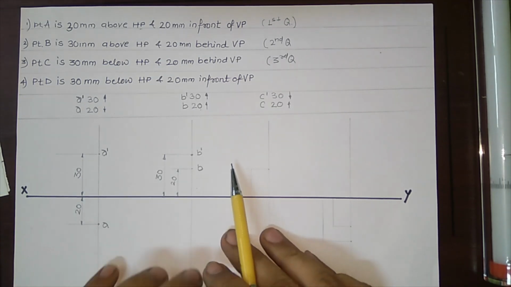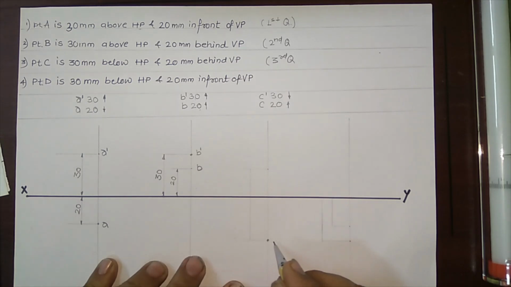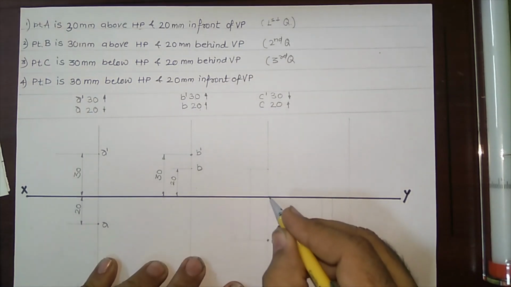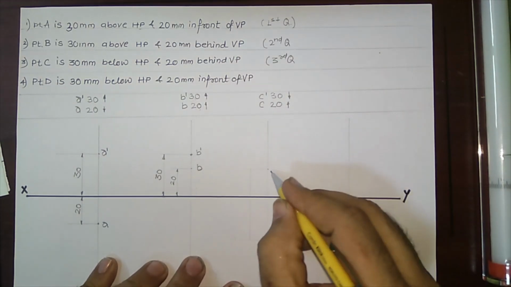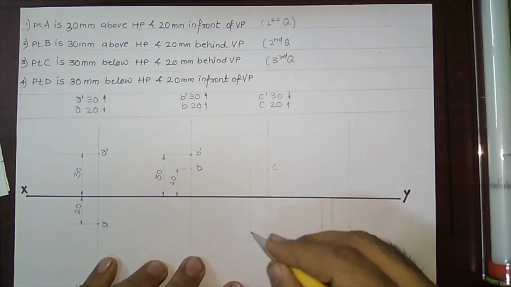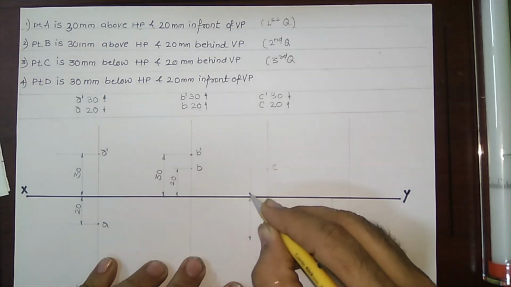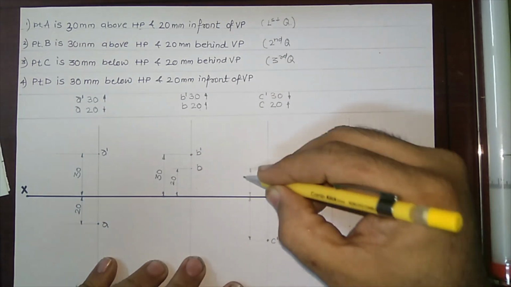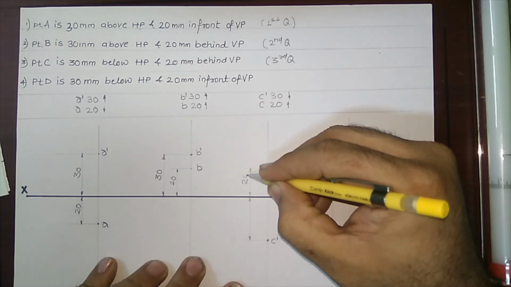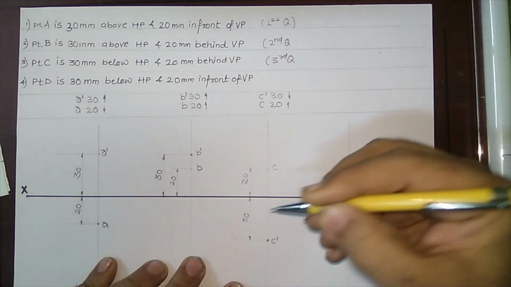The same way you are plotting below XY line, so I will represent this point as C dash. From here it is 30, and similarly this point is C, which is 20, and I will show these are the distances which appear over here. So therefore this particular distance is 20 and this particular distance is 30.